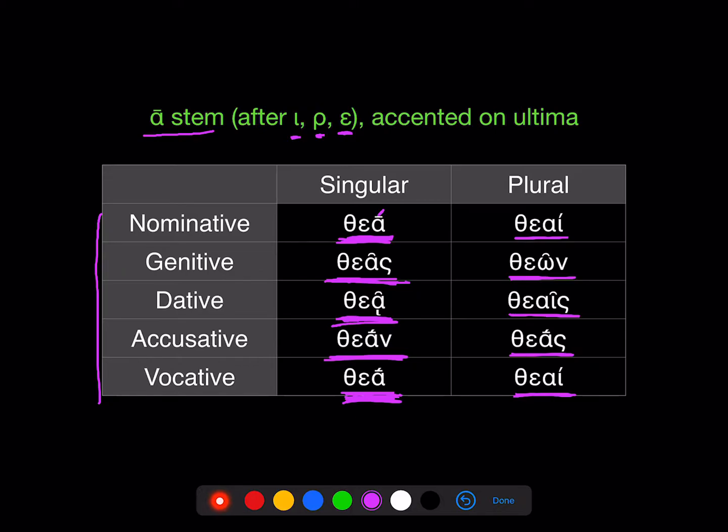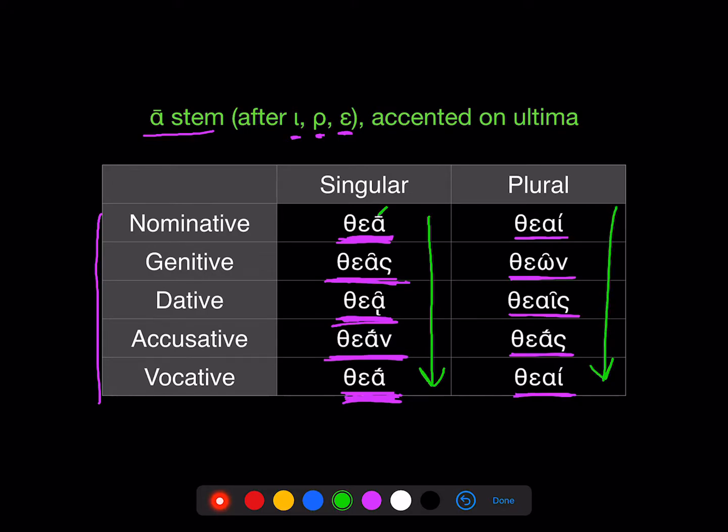Let's take a look at what the accent does. So you see, we said before that it wants to be accented on the ultima above that alpha. And if you look down all the cases, you can see that it does stay accented.